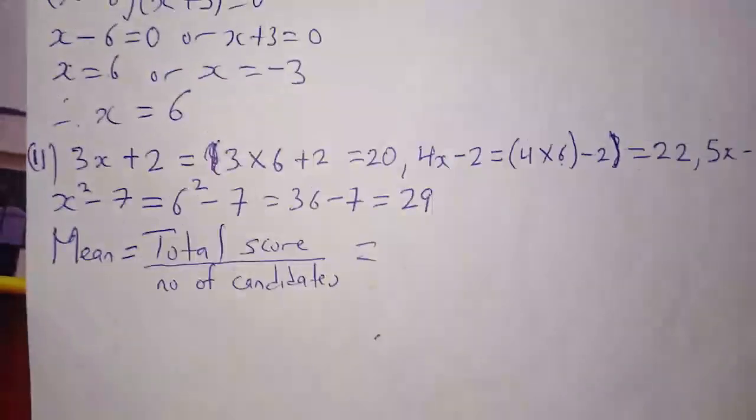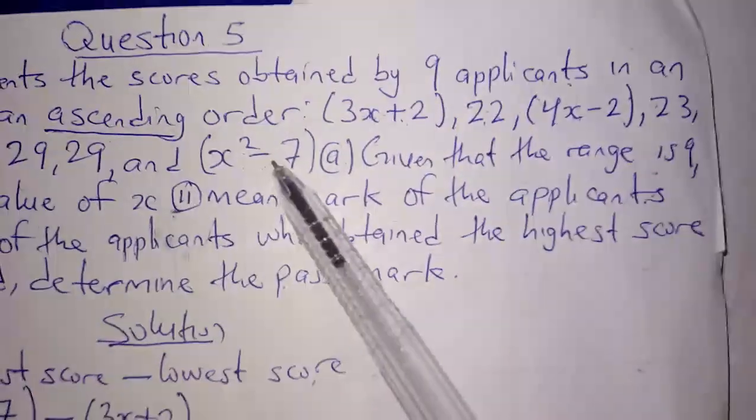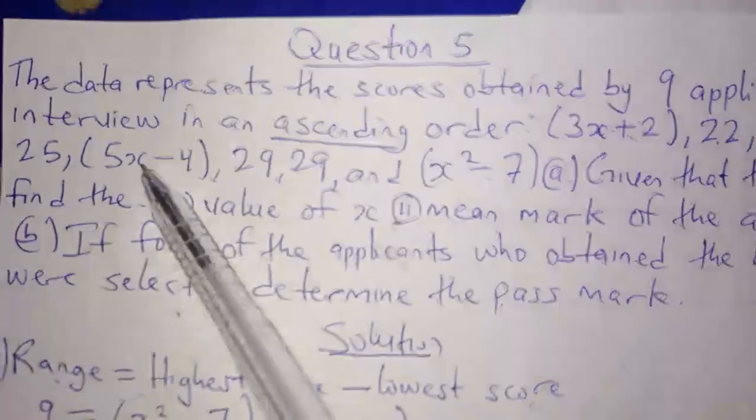So for our total score, we are just meant to add all these scores. And you should remember again that these are no longer in terms of x, we found their true values.